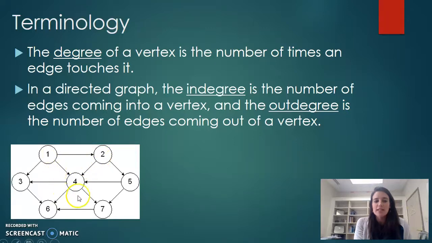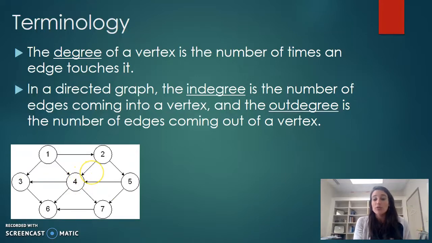So focusing in on vertex 4, the in degree of vertex 4 would be 3, since there are 1, 2, 3 edges coming into vertex 4. And the out degree of vertex 4 would also be 3, because I have 1, 2, 3 edges coming out of vertex 4.